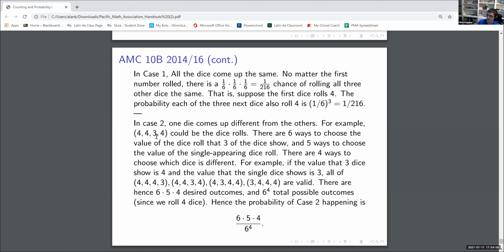Then if you pick one of these conforming dice, there's going to be a 1 in 6 chance that each of these 2 are the same, and a 5/6 chance that that one is different, giving you 1/6 times 1/6 times 5/6 times 4 chance of getting this particular case.